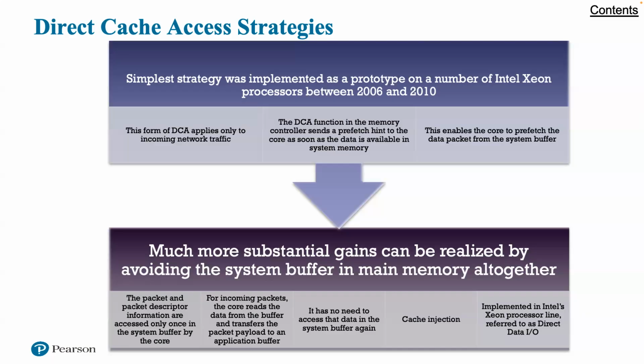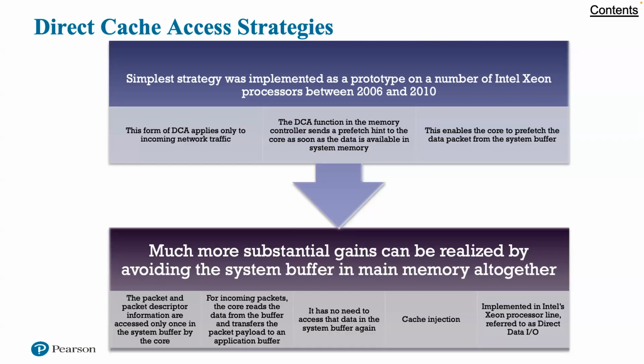For incoming packets, the core reads the data from the buffer and transfers the packet payload to the application buffer. It has no need to access the data in the system buffer again. Similarly, for outgoing packets, once the core has placed the data in the system buffer, it has no need to access the data again.